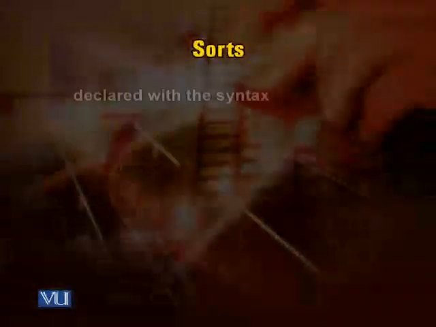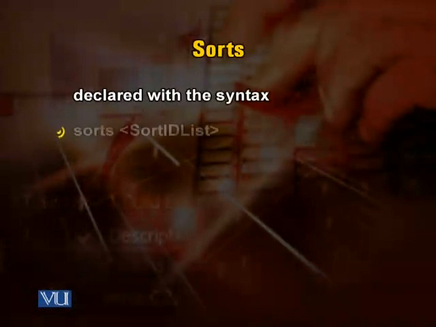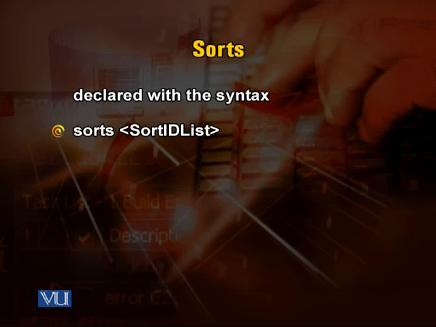A sort is declared with a syntax. We have sorts, and then we have sort ID list. So we can have more than one sort declared in one go. For example, here in this case, we have the sort ID list.